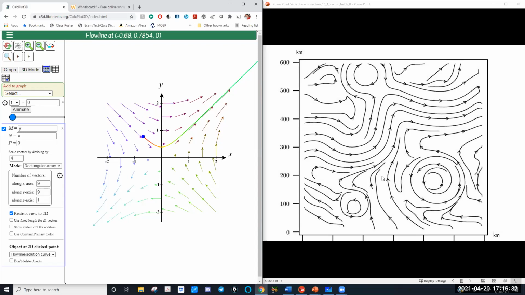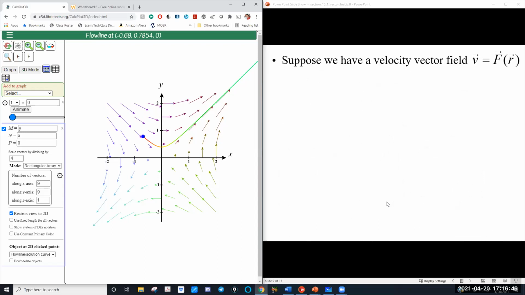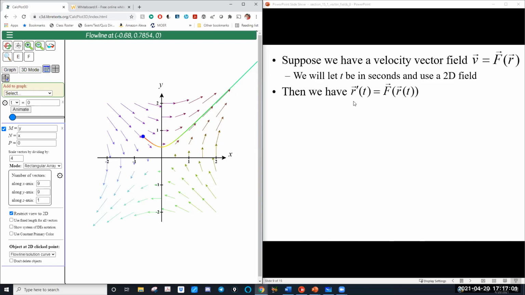Now, the reason that these were so intertwined, the idea of velocity of a vector field and slope field, is because if we had a velocity vector field, and we let t be in seconds, we're just going to do a 2D field for this example.